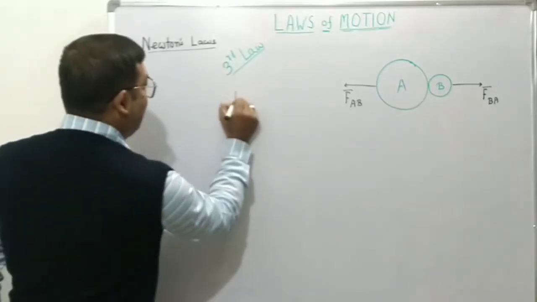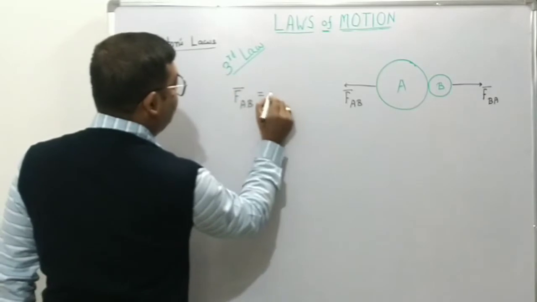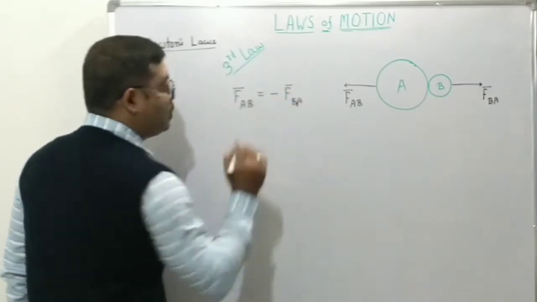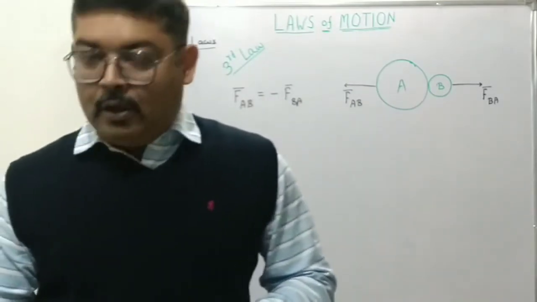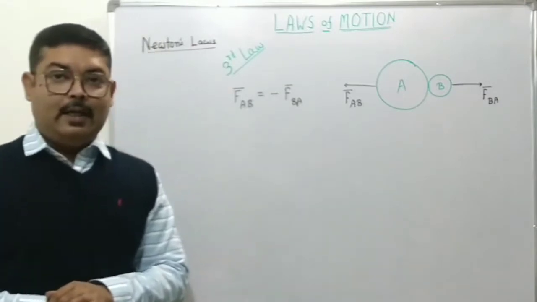That is to say, F AB, force on A due to B, is equal to F BA, but minus of it. Which means that forces do always exist in pairs.